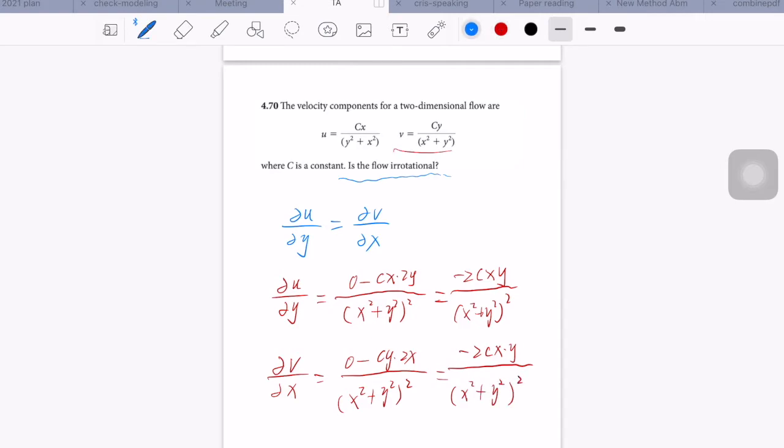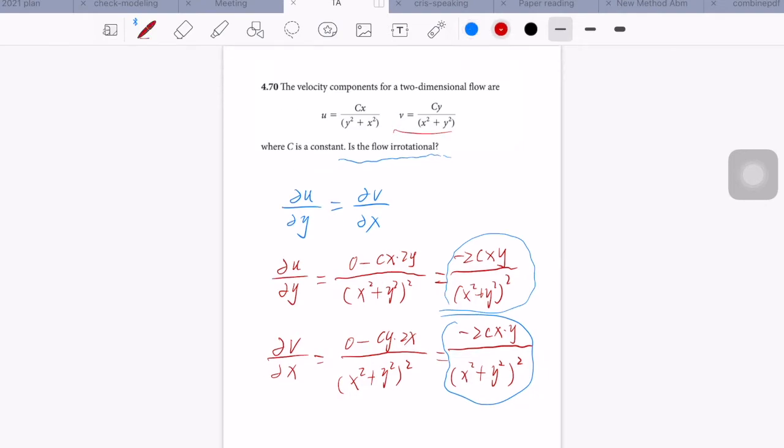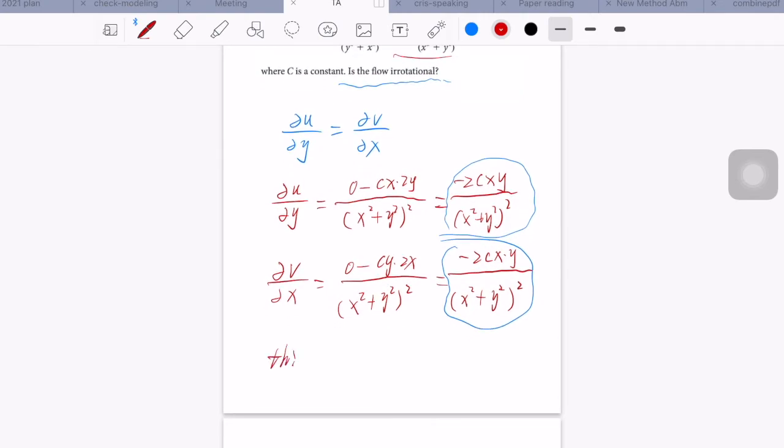We can see this one equals this one. So we can determine that this flow is rotational flow.